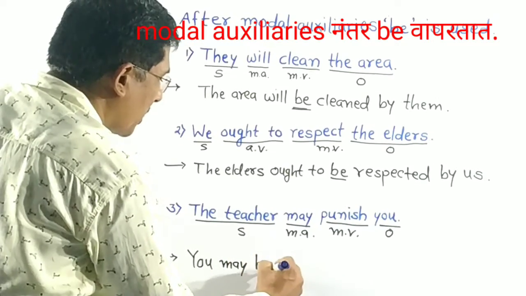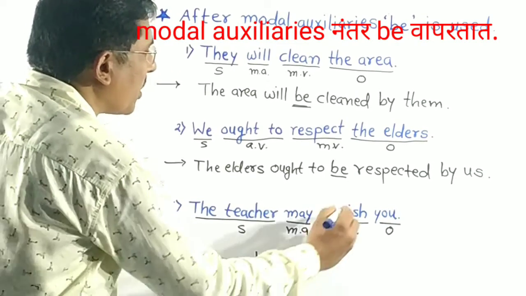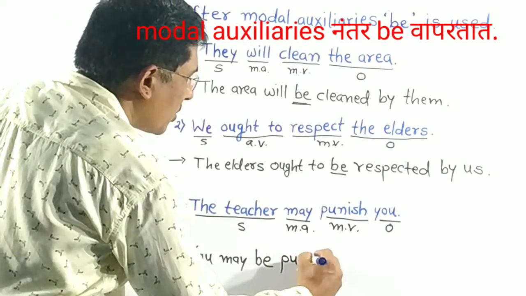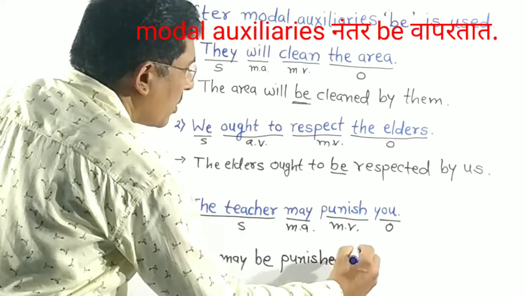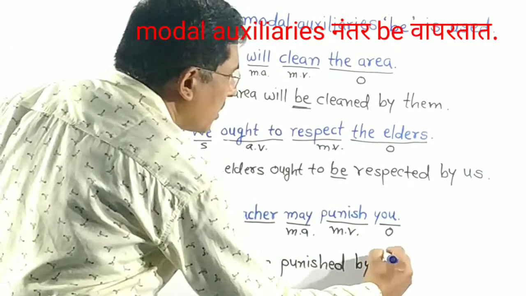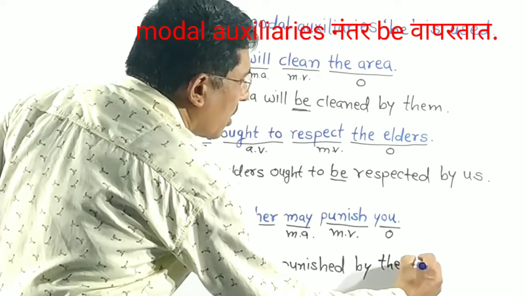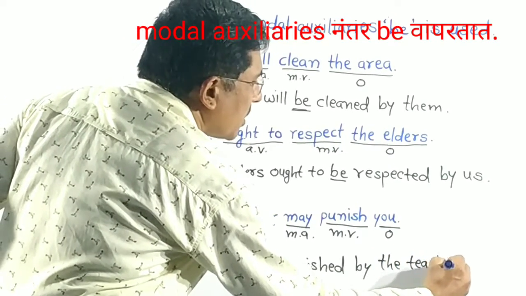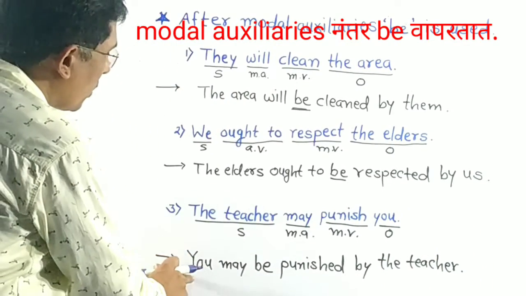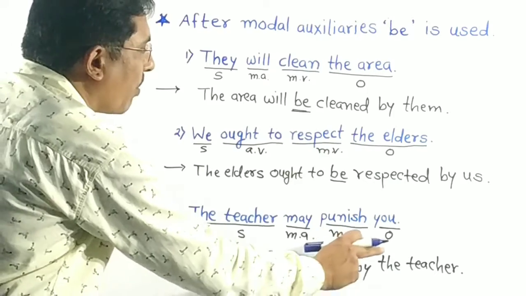After modal auxiliary take be, you may be, with the form of main verb, punished, preposition by, subject, the teacher. The teacher becomes here agent. Answer is you may be punished by the teacher.